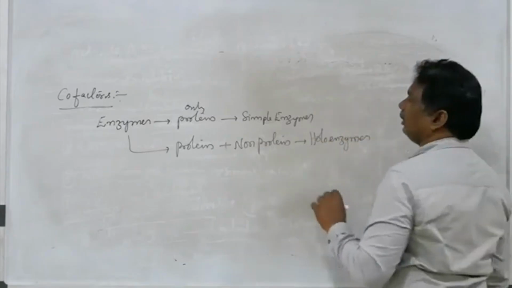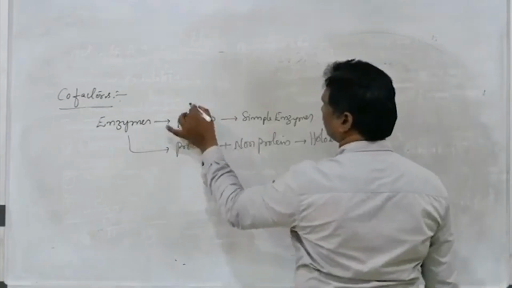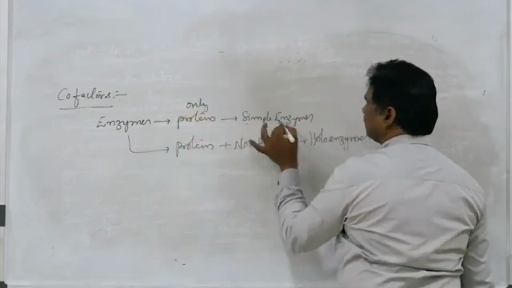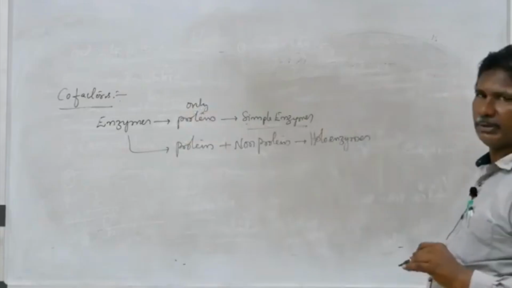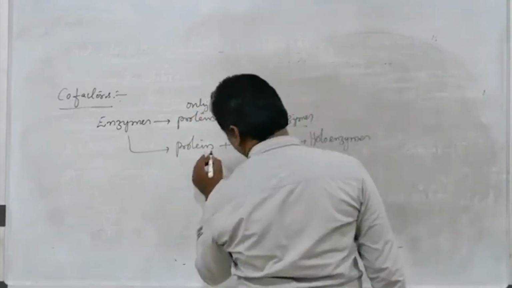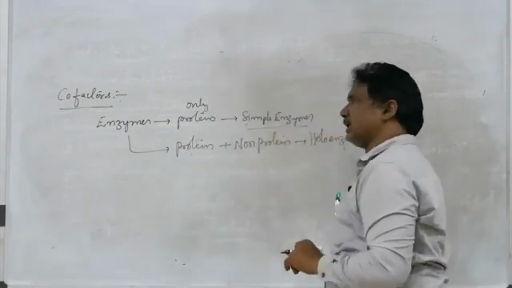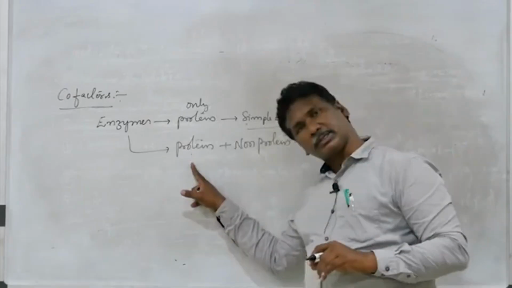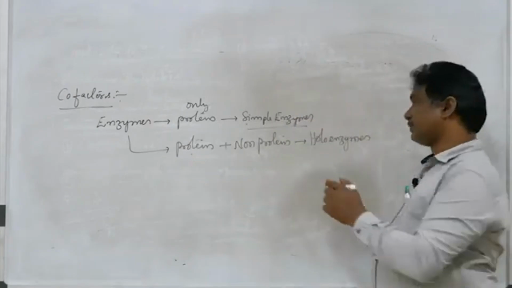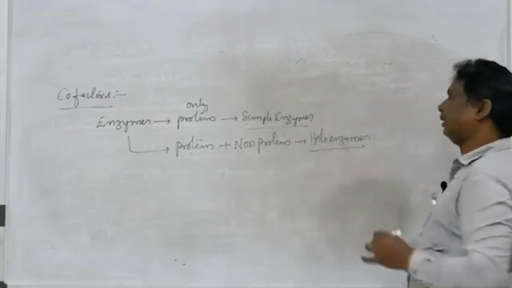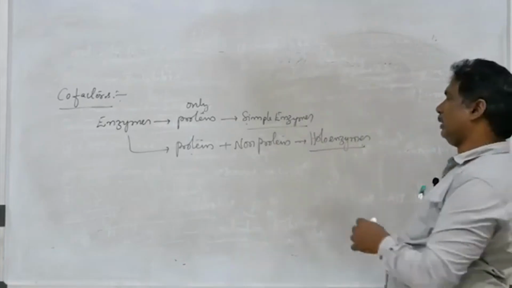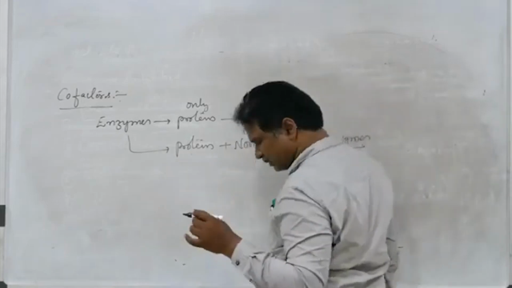Generally, if an enzyme is made up of only proteins, it is called a simple enzyme. But most of the time the enzyme has a proteinous part and a non-proteinous part, hence it is called a holoenzyme. In that holoenzyme, the proteinous part is present.